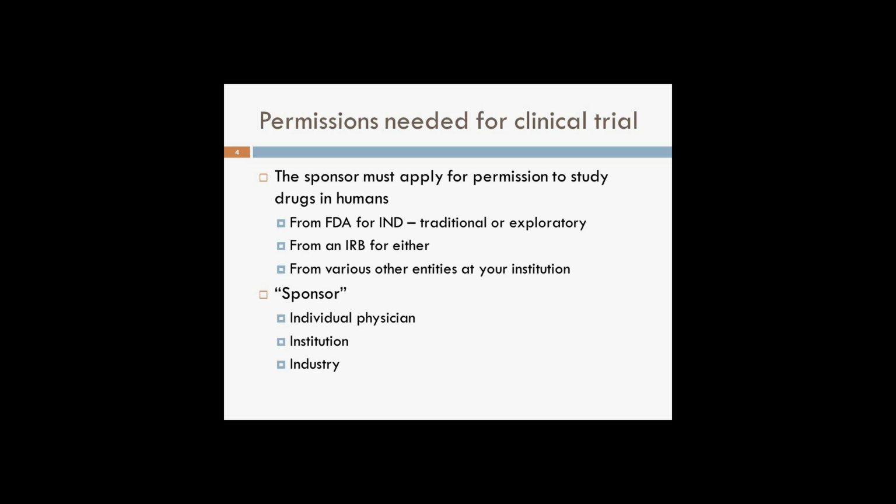So when you think about having permission to do a study, who gives permission? For a new clinical trial, you might have the FDA, which gives you permission via an IND. You'll have your IRB give you permission to do the study as well. And there may be other entities, at UAB or whatever institution you're at, who would give you permission to go forward with a clinical trial.